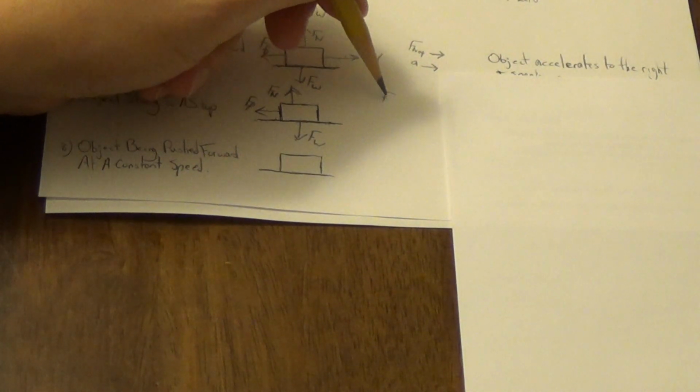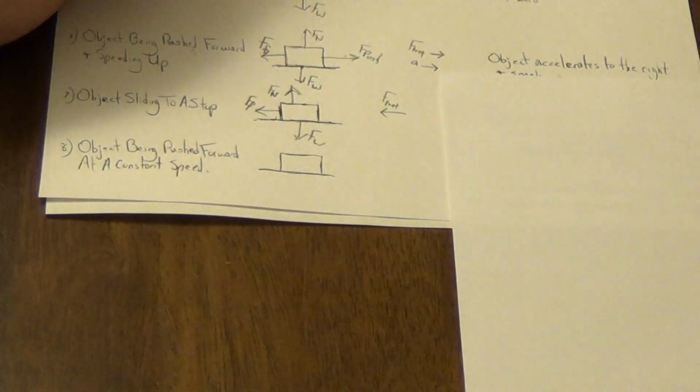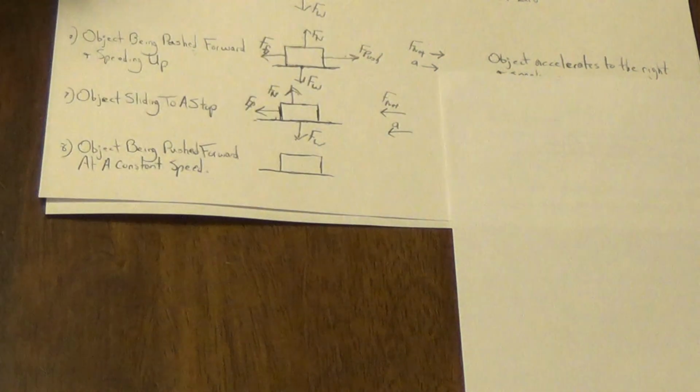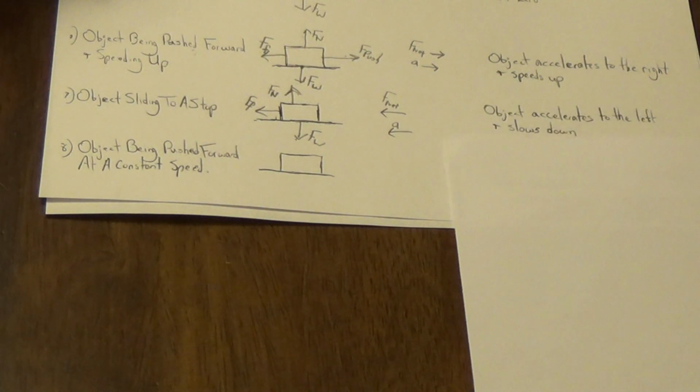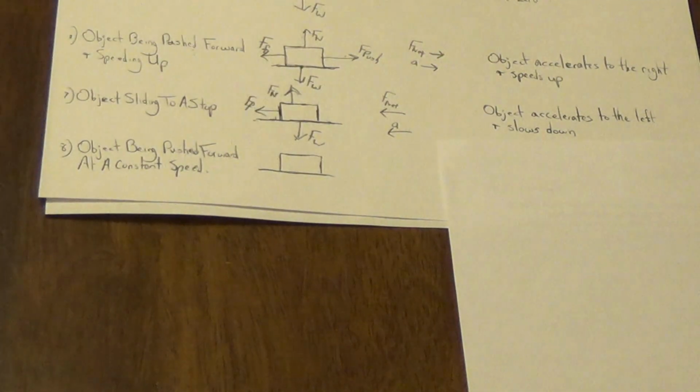That means that the net force is going to be pushing backwards. And when the net force pushes backwards, you always accelerate in that same direction. So we can say for its motion that the object is going to accelerate to the left, but this time the acceleration is going to be negative. The object, instead of speeding up, is going to slow down.